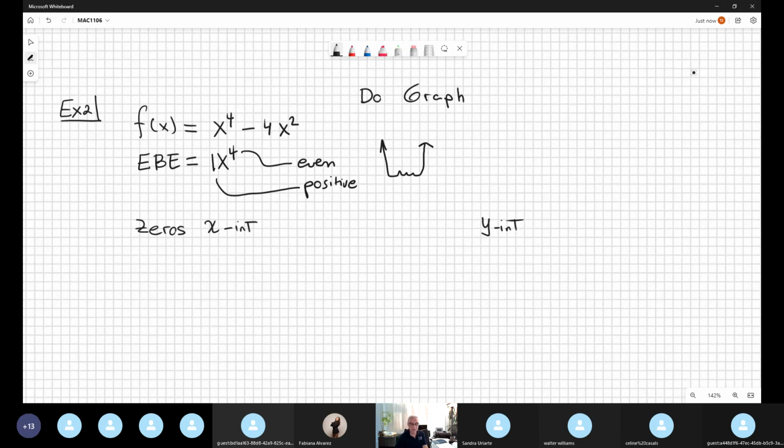The mnemonic device to remember the y-intercept is evaluate the function at 0. So you take the original function and evaluate at 0: 0 to the 4th power minus 4 times 0 to the 2nd power, obviously it's 0. So the coincidence gives you (0,0), which is the y-intercept. But by the way, it is the x-intercept also because it's 0.